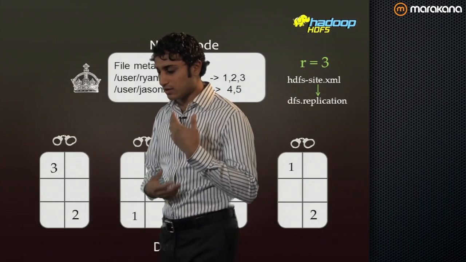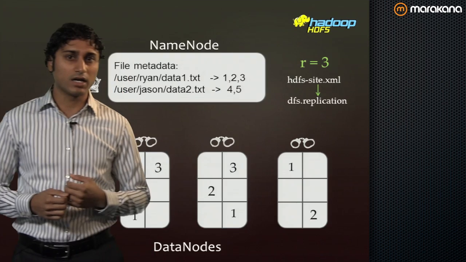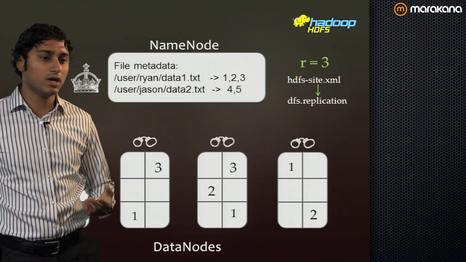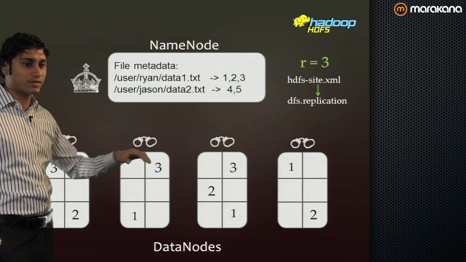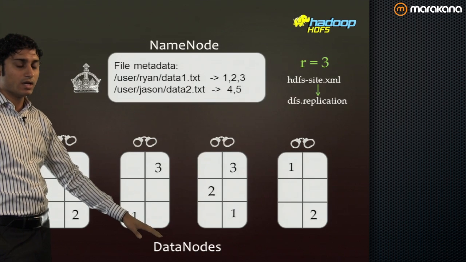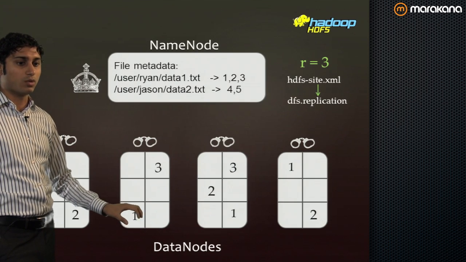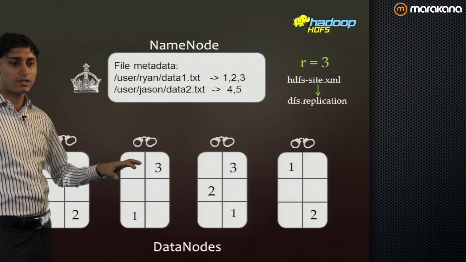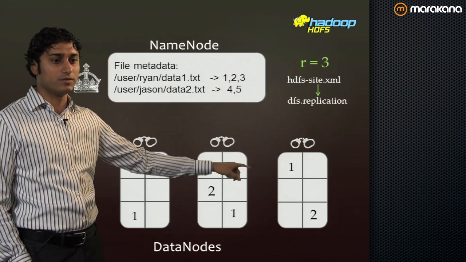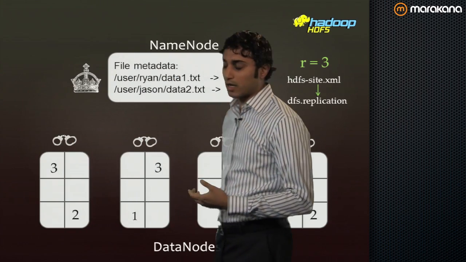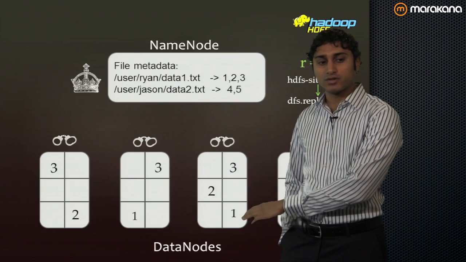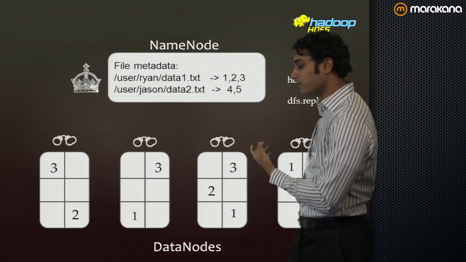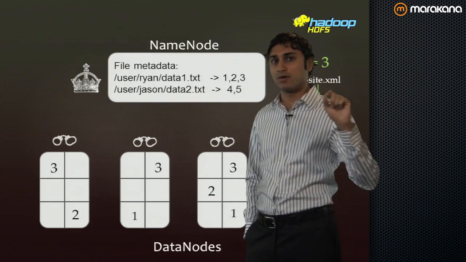So this leads to HDFS being a highly available file system, and it's also self-healing. It's highly available because if the second data node here crashes with a copy of block 1 and block 3, that's fine because you have 2 other copies of those blocks in the cluster. And this is also a self-healing file system because if one of these data nodes goes down, then the heartbeat from that data node to the name node will cease.